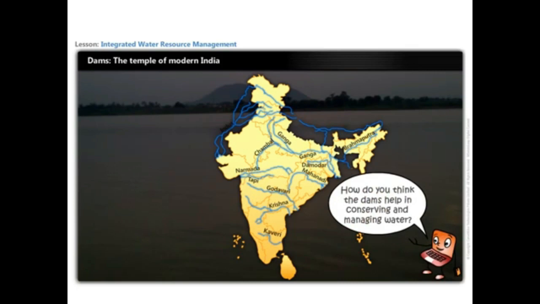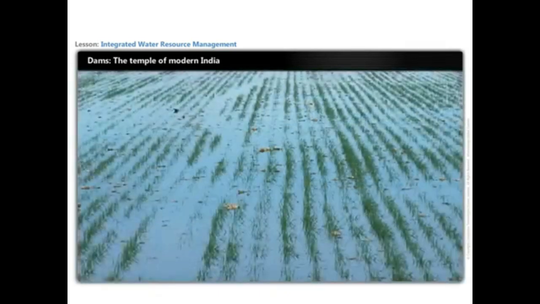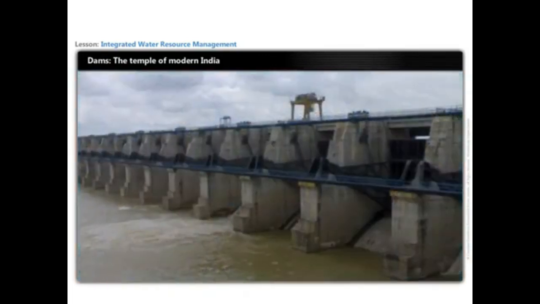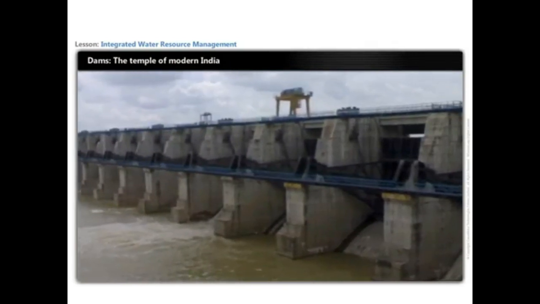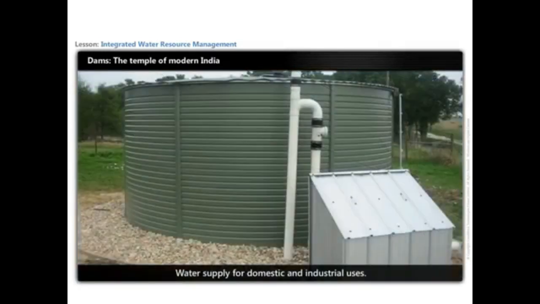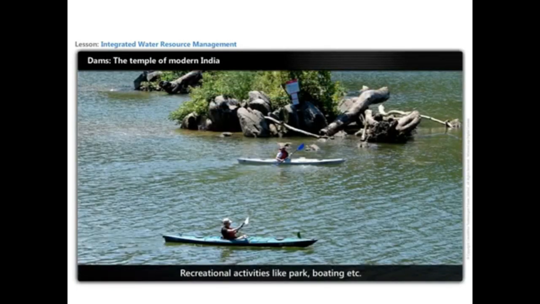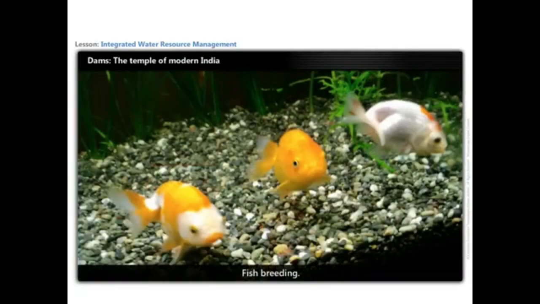How do you think the dams help in conserving and managing water? The traditional purpose of building dams on rivers was to irrigate agricultural fields. But presently, dams are built not only to provide irrigation water but also for various developmental activities such as generation of electricity, water supply for domestic and industrial uses, flood control, recreational activities like park, boating, etc., inland navigation, fish breeding.